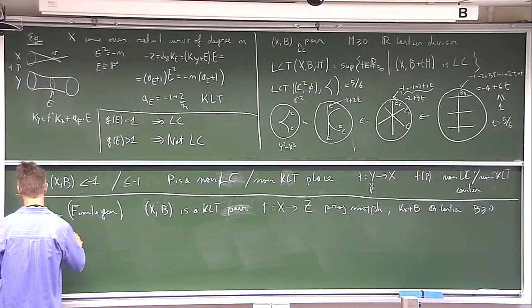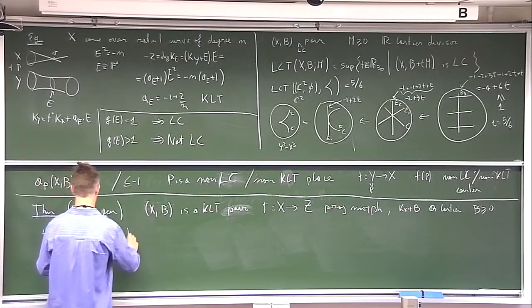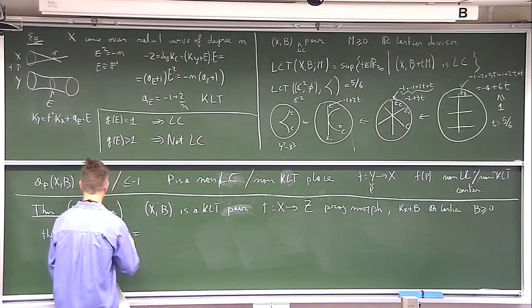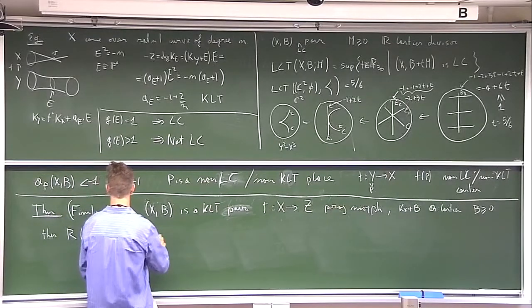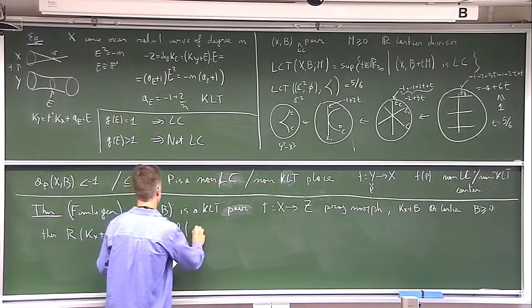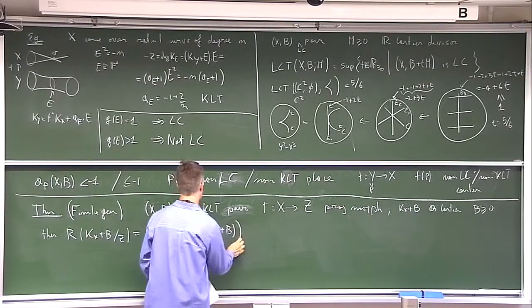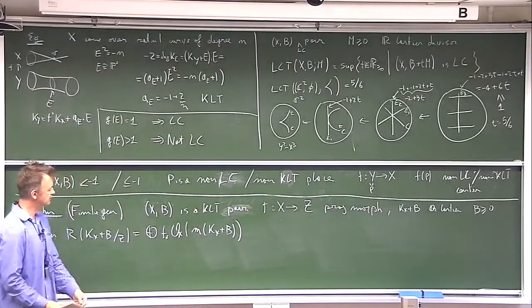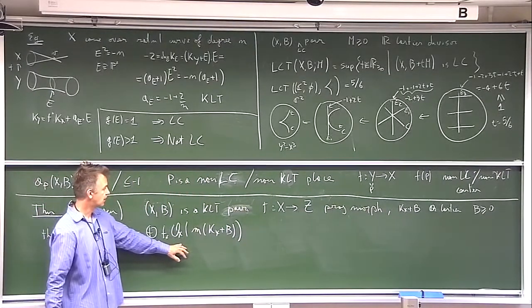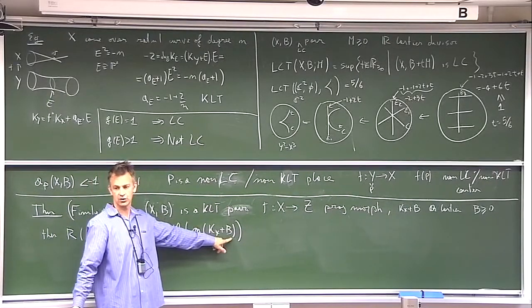Then the relative canonical ring is, so what is this object? For every integer m, you can consider the pushforward of O_X(⌊m(K_X + B)⌋). You may be slightly intimidated by this because these are Q-Cartier divisors; they don't have integral coefficients.